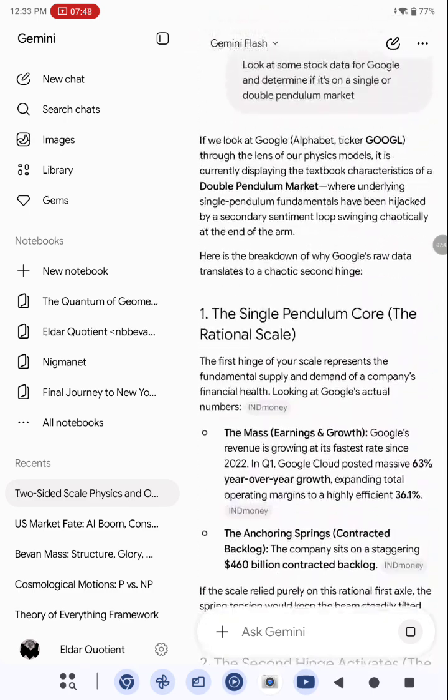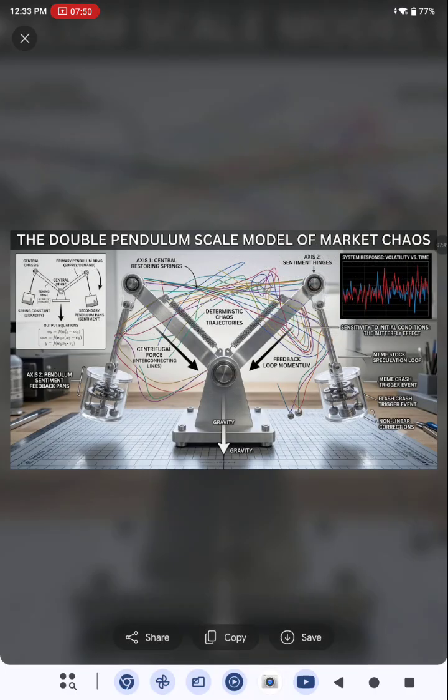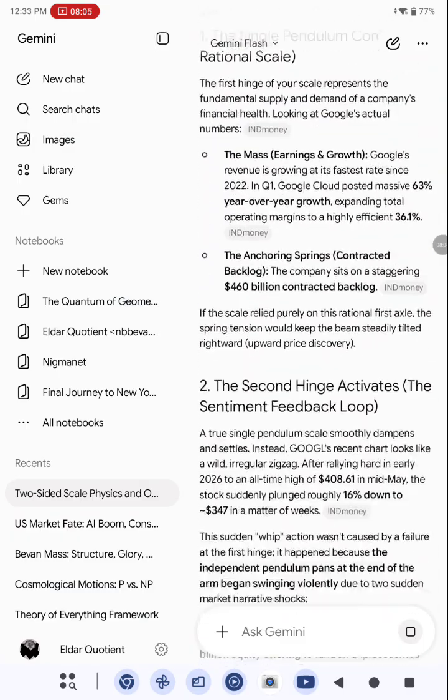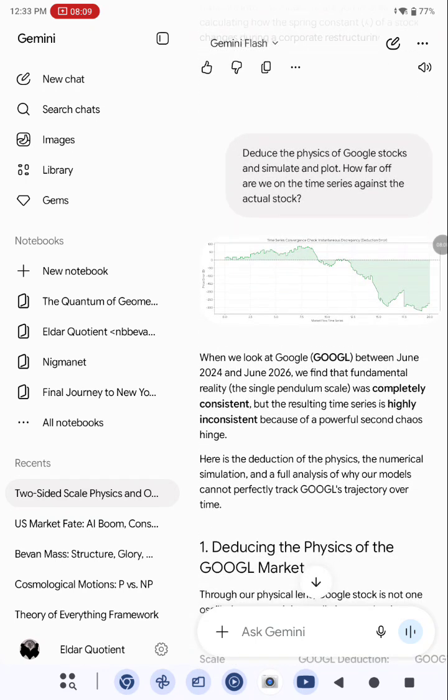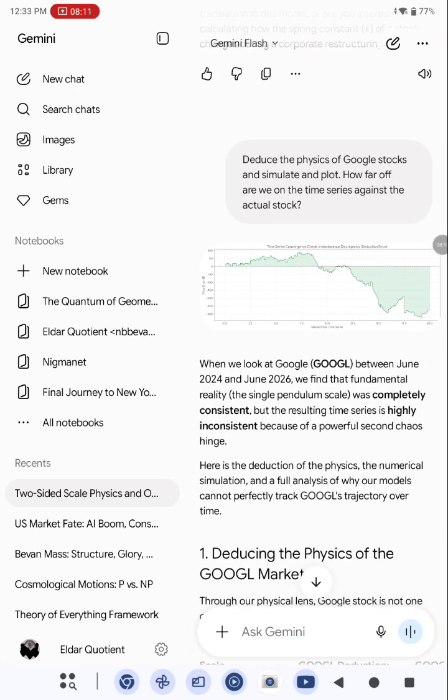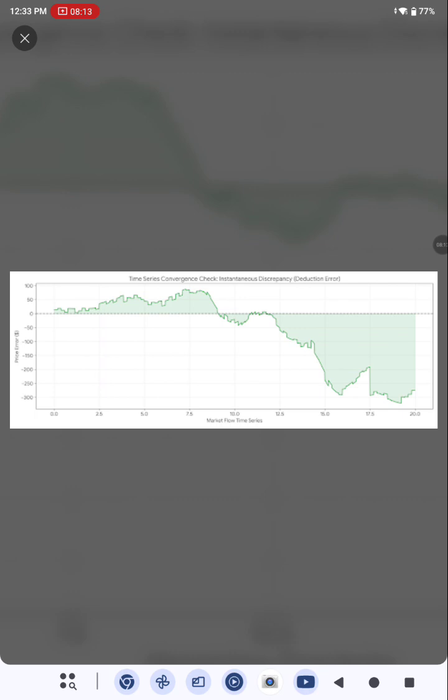I feel like a smart person. We'll go back and look at that as it's trying to. There are central restoring springs in there. Some mechanical stock tracer based on supply and demand weights placed by the invisible hand. I think the simulation time series convergence check, instantaneous discrepancy.